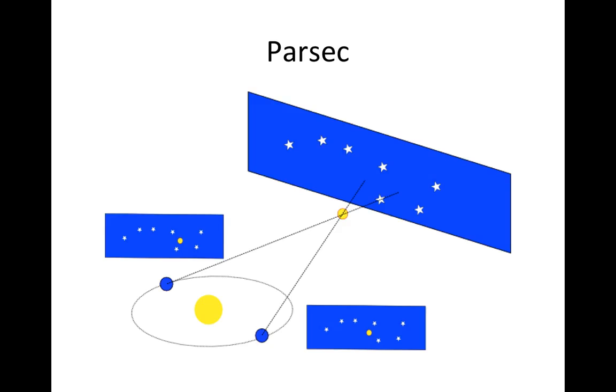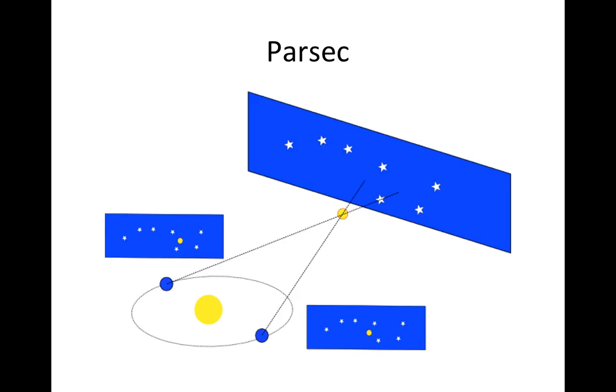Now, 6 months after, as the Earth goes around the Sun in its orbit, astronomers look at that same star again and measure its position against the background of the other stars, and they see that now the star appears to be in a different position.